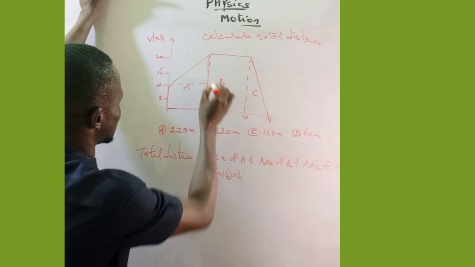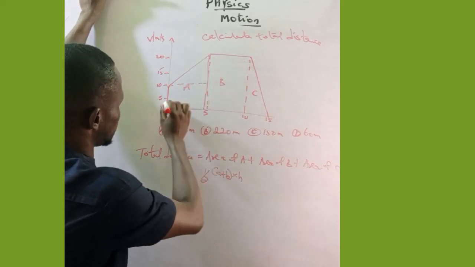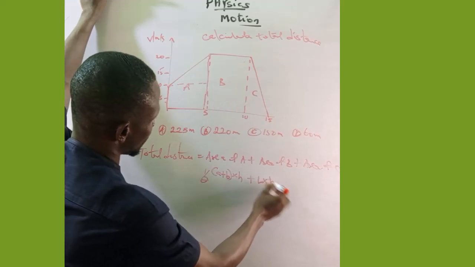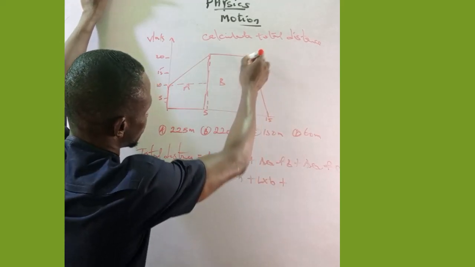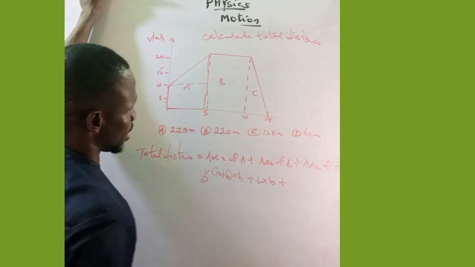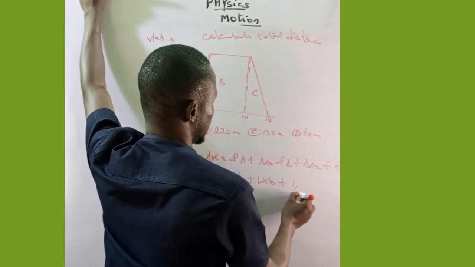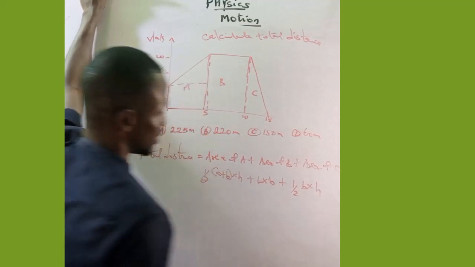This is the height. This is the two bases. The rectangle is length times breadth, while the triangle, the last one, is half base times height.